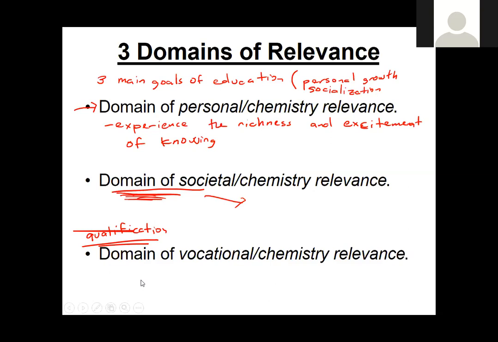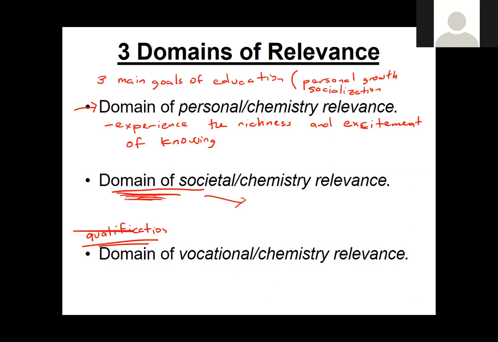So this is the domain of vocational relevance. This domain encapsulates the aspiration that all students will increase their economic productivity through the use of knowledge, understanding, and skills of the scientifically literate person in their careers.